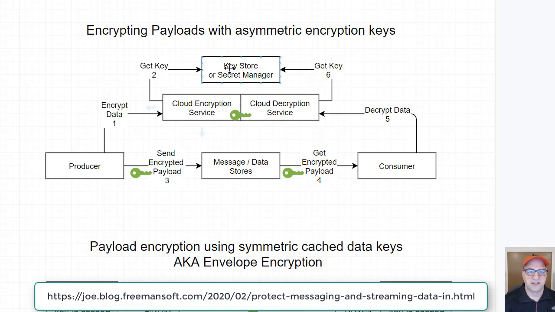The cloud service is going to get the key, it's going to encrypt the payload, and then we're going to send the encrypted payload into the message store or stream. When the consumer receives it, it's going to call the cloud decryption service, and that's going to get the key from the secret store, and it'll return the decrypted data, and we're good to go.